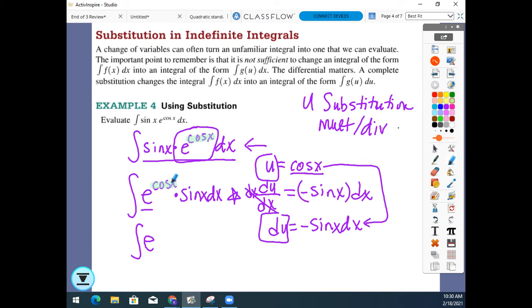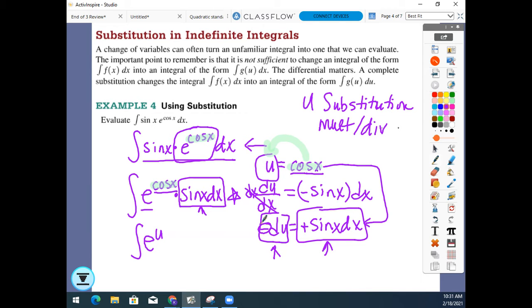Where do I see cosine x? Here. Cosine x equals u, so I substitute u in place of cosine. Now, where do I see sine of x dx? It's almost the same, but I don't see this negative over here. So you can multiply and divide to manipulate. I'm going to multiply both sides by -1, and now this matches this side, so I can replace it with -1 du.